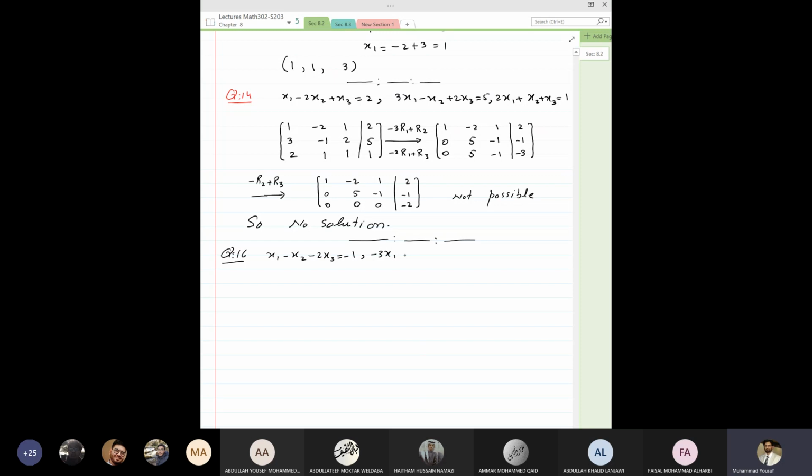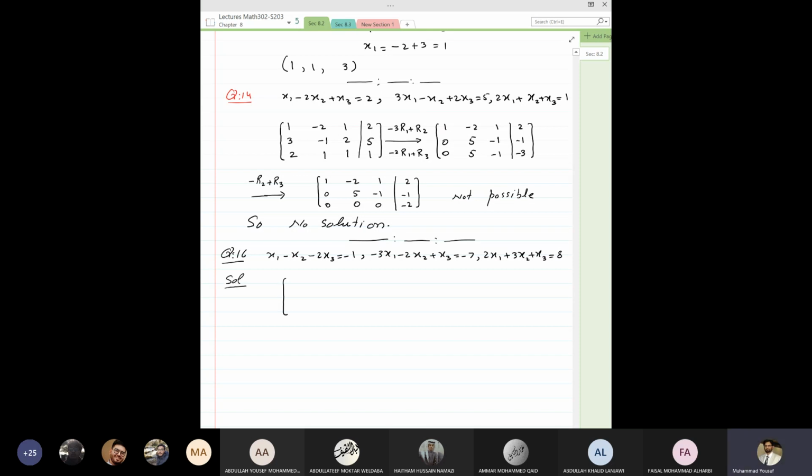Minus 3x1 minus 2x2 plus x3 is equal to -7. And the third equation is 2x1 plus 3x2 plus x3 equal to 8.